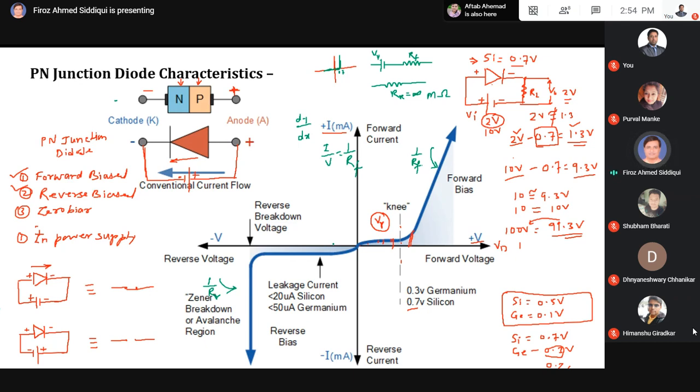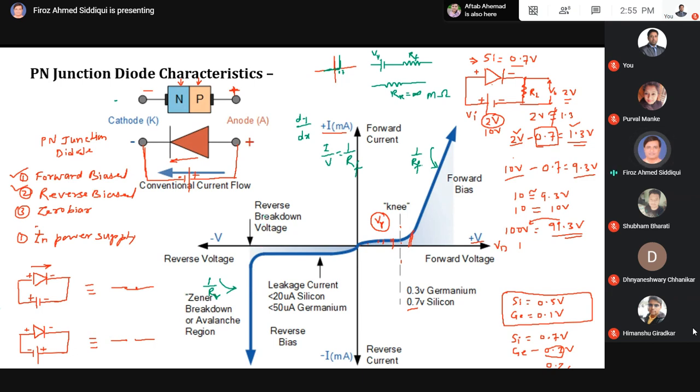Sorry for the inconvenience. So in reverse bias, when we apply the negative terminal of the battery to the positive side of the diode and the positive terminal of the battery to the negative side of the diode, then as we start increasing the voltage in the negative direction, at some voltage the diode will get short circuited.